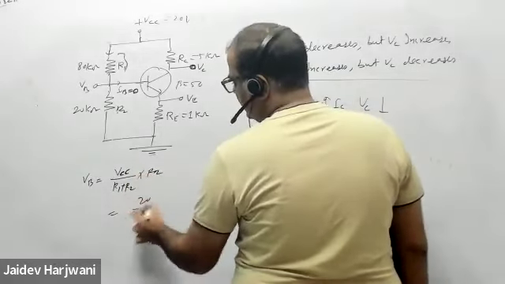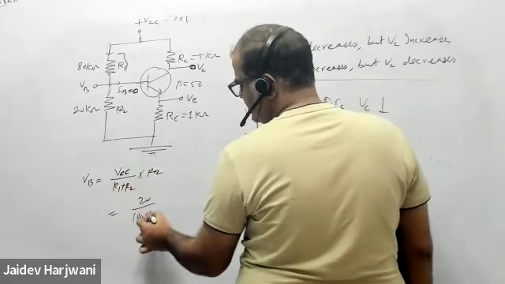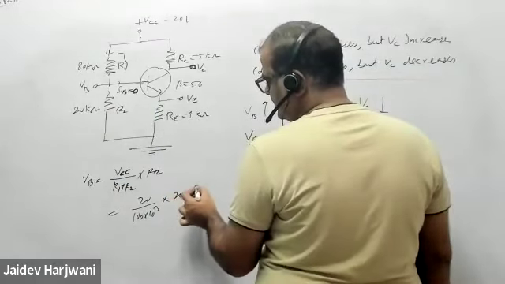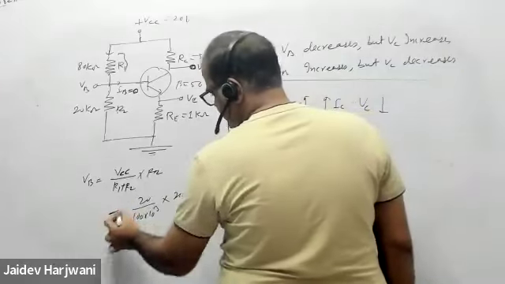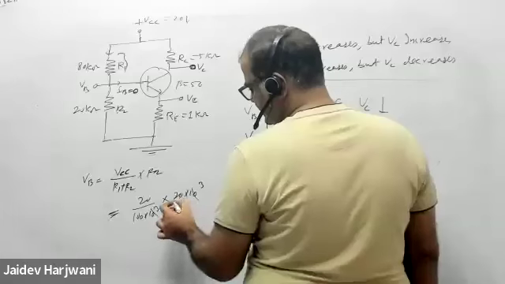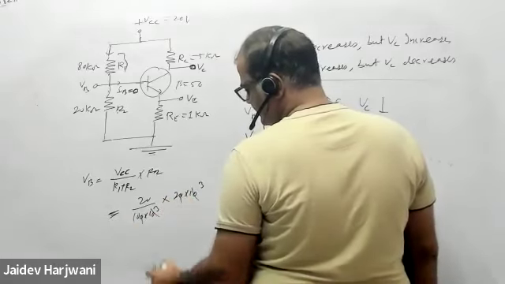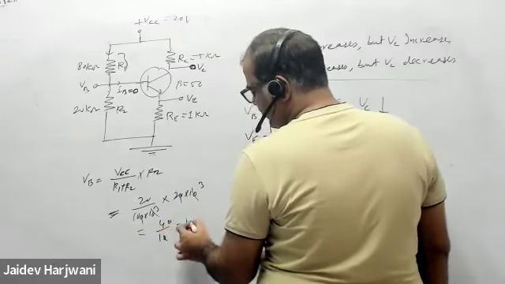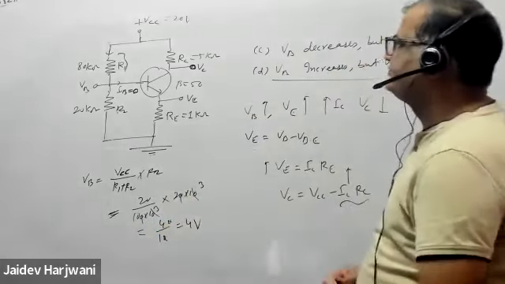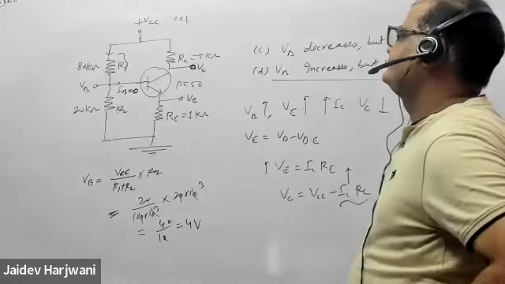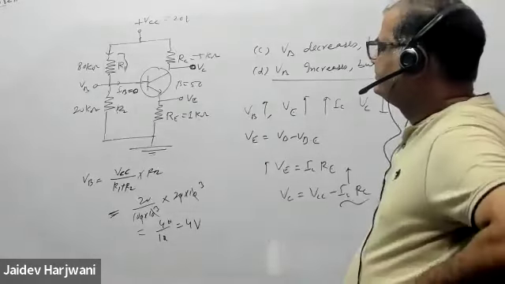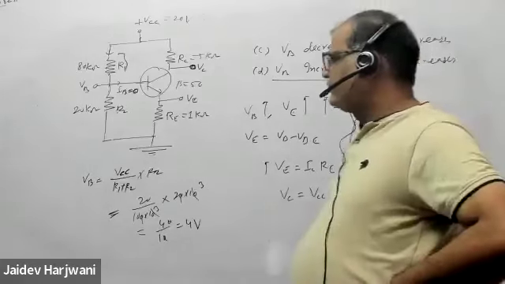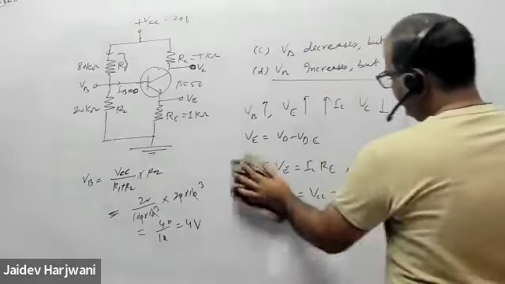That is 20 upon 100 kilo ohm, R2 is 20 kilo ohm. So this is 40 upon 10, that is 4 volt. Check whether the calculation is correct. So your VB is 4 volt.